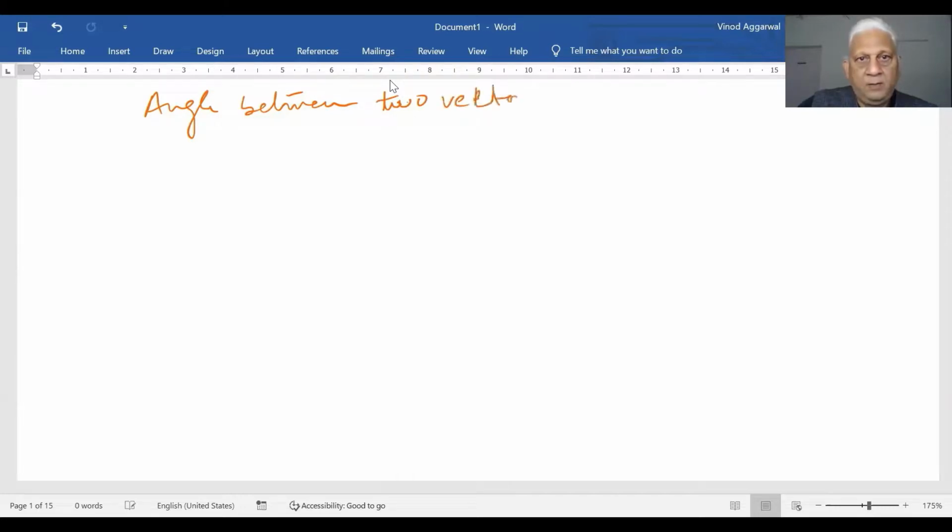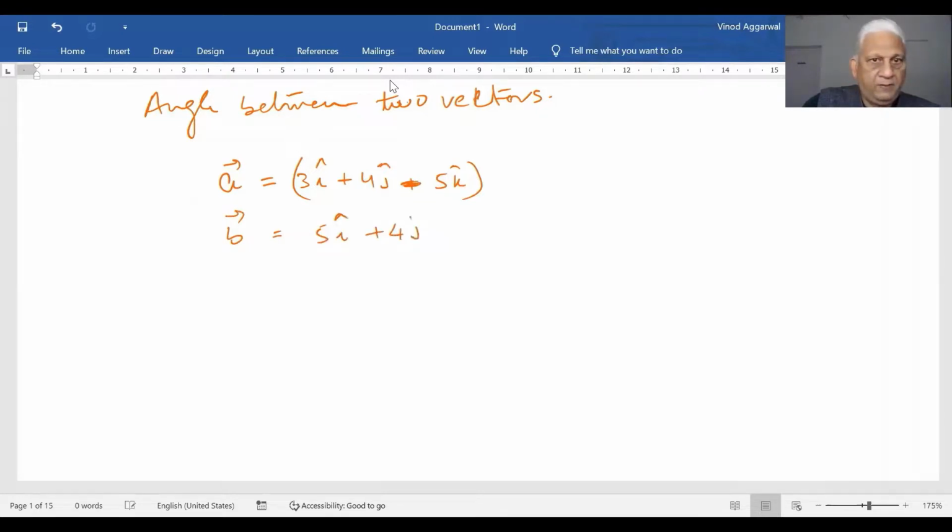Let us say we have a vector A which is equal to 3i plus 4j minus 5k, and another vector B which is equal to 5i plus 4j plus 3k.